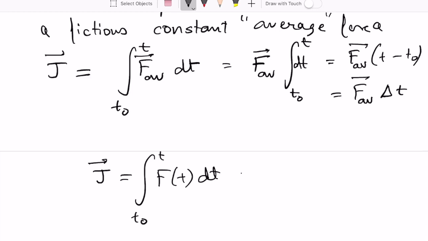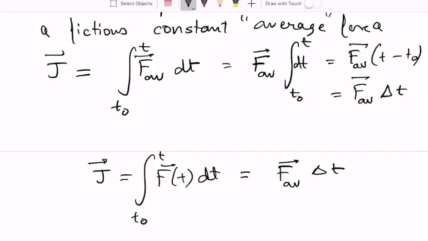You can also write the impulse as F average times delta t, where F average is a fictitious average force that you're using instead of the real force, which has a very complicated time dependence. And in terms of that, the impulse is simply the average force multiplied by delta t.